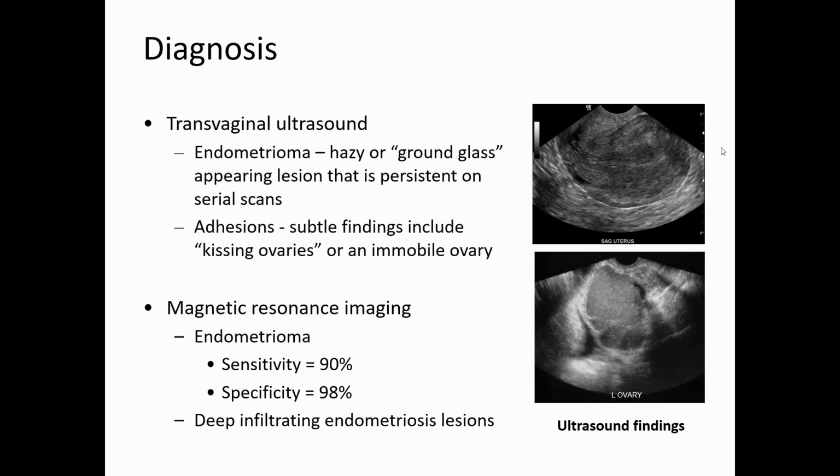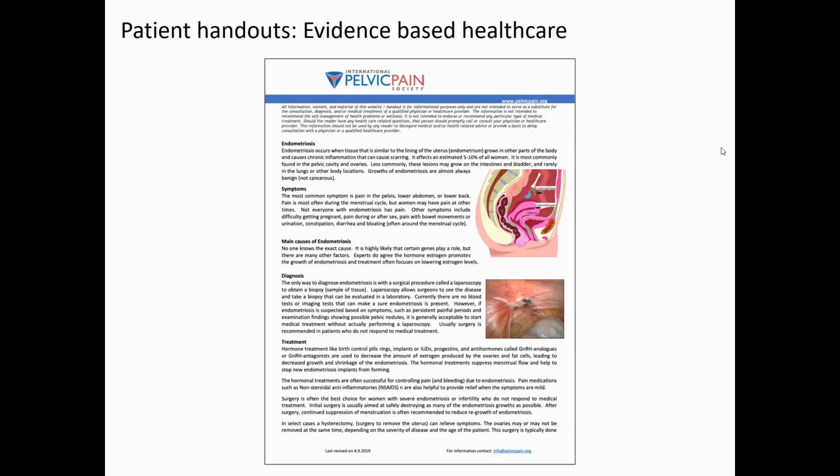Finally, there's a version of endometriosis referred to as deep infiltrating endometriosis, or DIE. This version of endometriosis is found underneath the pelvic peritoneum and can be particularly painful. It's a version of endometriosis that's best identified with magnetic resonance imaging. I mentioned patient handouts.